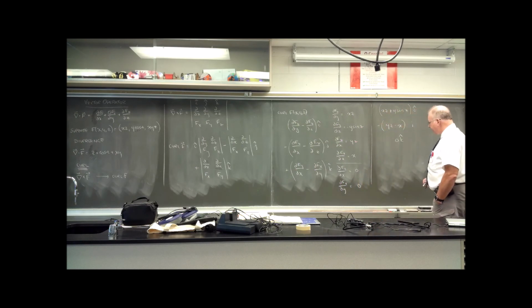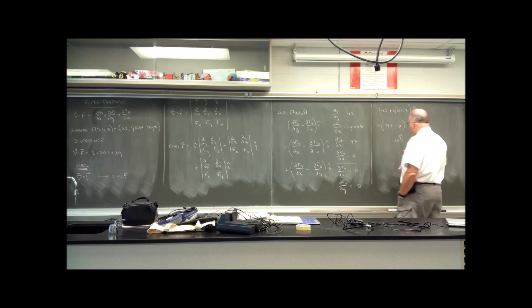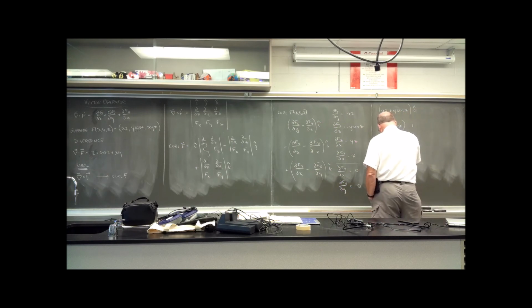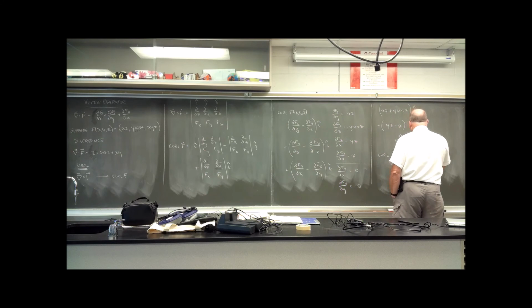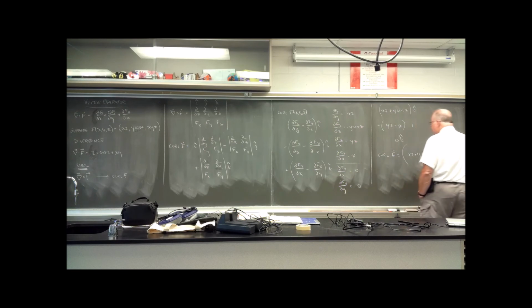So if we took it as a coordinate system, we would have curl F equal to the quantity xz plus y sine z, comma, yz... we could actually do this another way. Multiply through by -1, and we're going to have x minus yz, and 0.